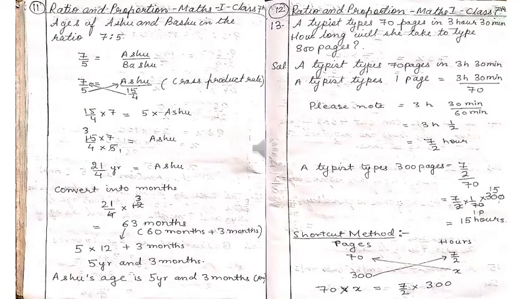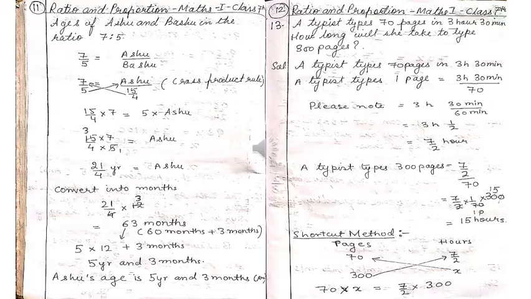Now the ages of Ashu and Basu are in the ratio 7 is to 5. So 7 upon 5 is equal to Ashu upon Basu. Now put the value of Basu on the denominator side, and then do the cross product rule, and 15 into 4 will be multiplied with 7, and 5 into Ashu, because you have to find the age of Ashu.